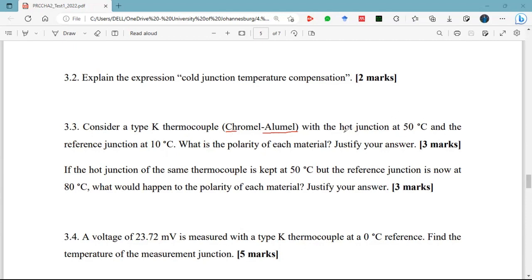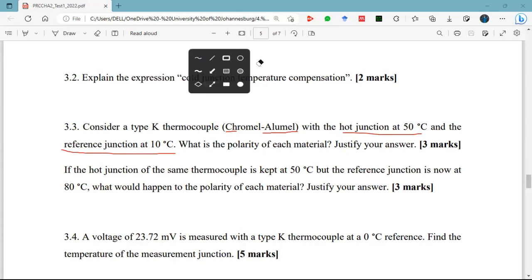If you didn't do this in your lectures this semester, this formed part of last year's test. Okay, so you're asked now, what is the polarity?